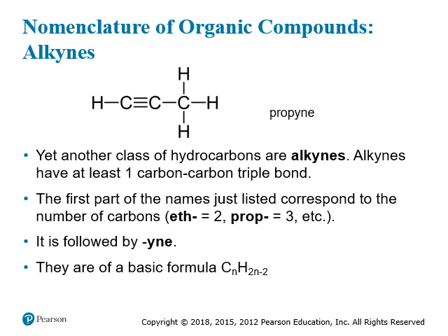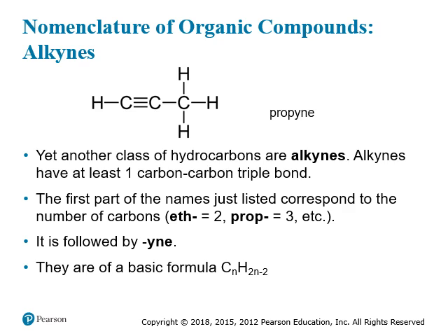The last type of hydrocarbon that we're going to speak of are called alkynes. Alkynes have at least 1 carbon-carbon triple bond. So once again, we're going to see the same basic naming scheme with prefixes followed by Y-N-E.